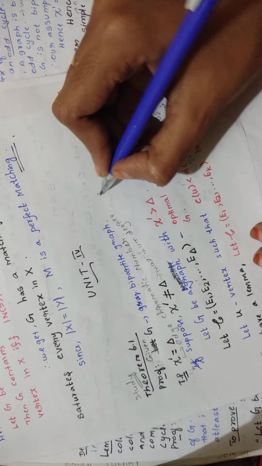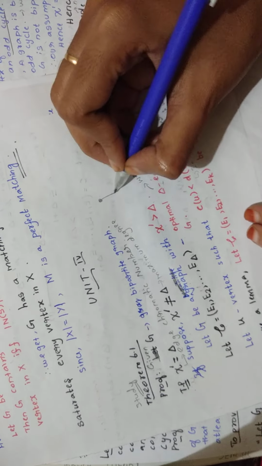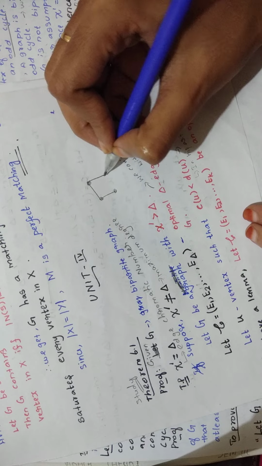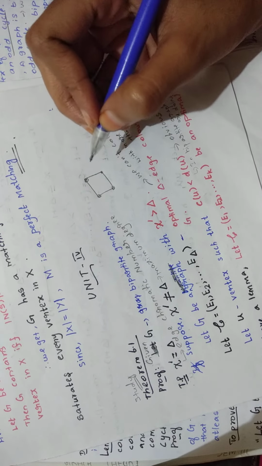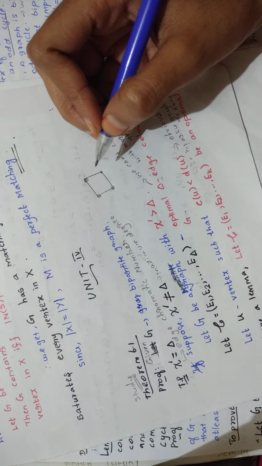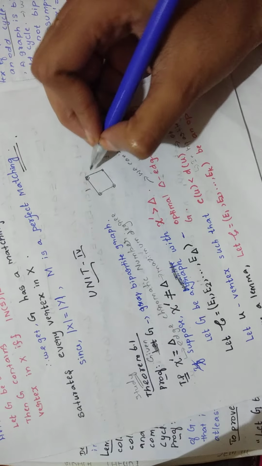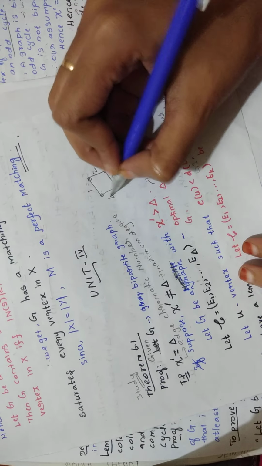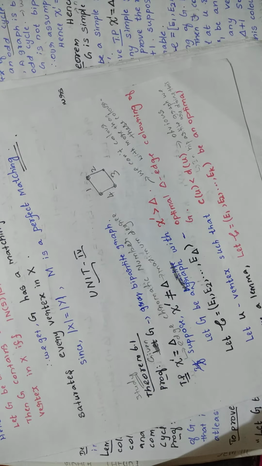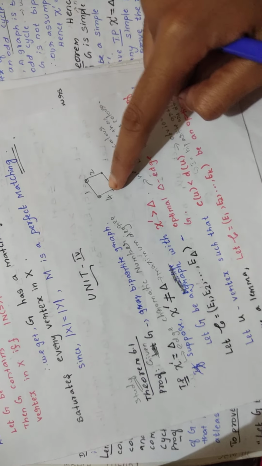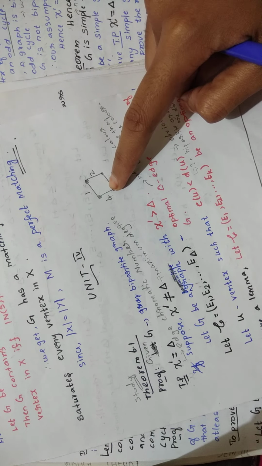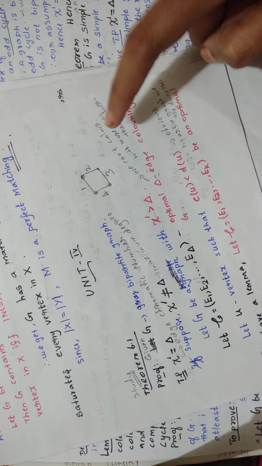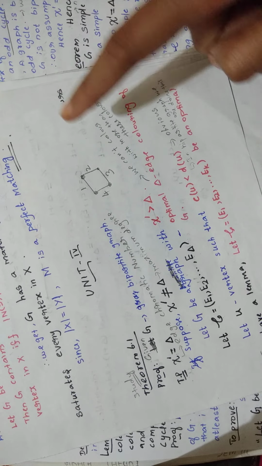Imagine a graph, look at this graph. How many edges does this graph have? 4 edges, right? So you will color this with 4 colors. You can't use more than 4 colors because you have only 4 edges. So the maximum number of colors you can use to color this graph is 4. So you can say this is an optimal edge coloring.